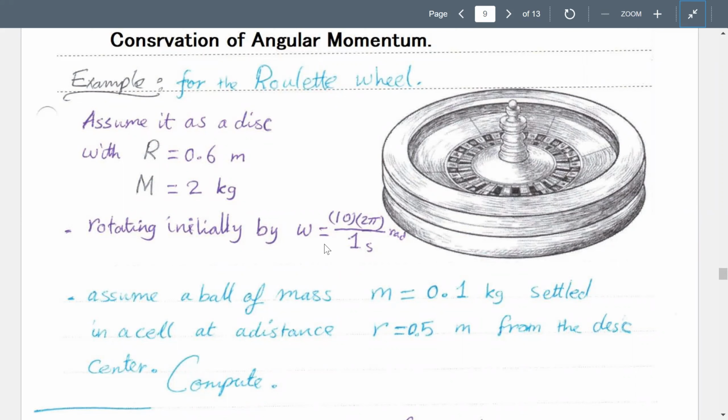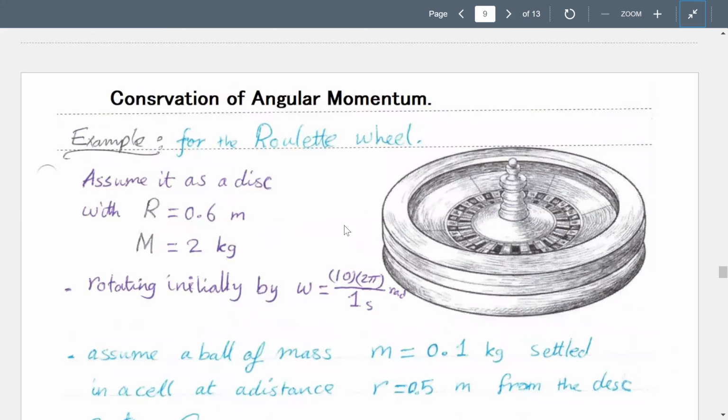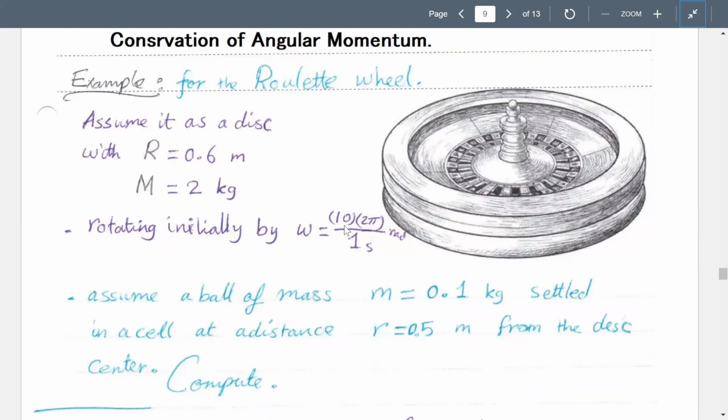So this is omega 1, or omega initially. Now we are talking about conservation of angular momentum. We have a collision. Previously we dealt with elastic and inelastic collisions in linear motion.